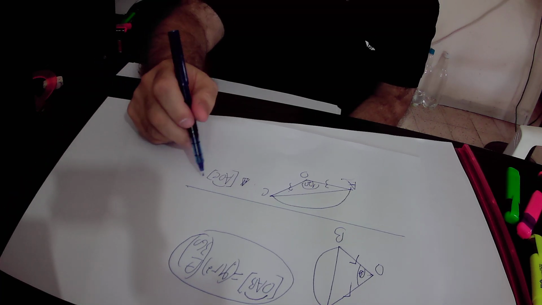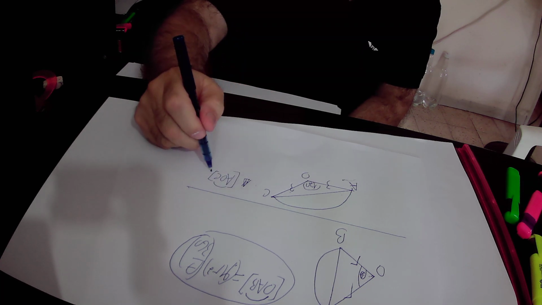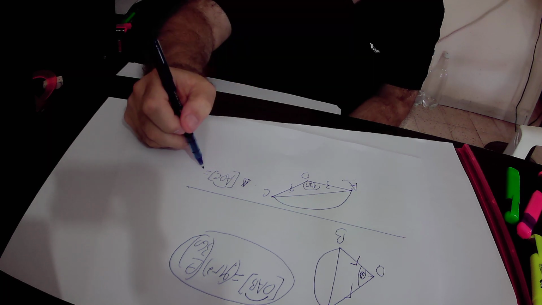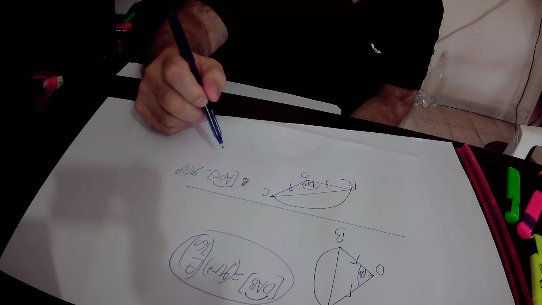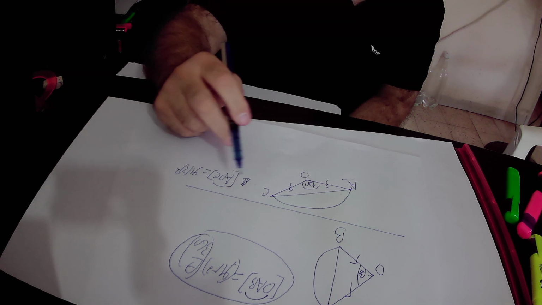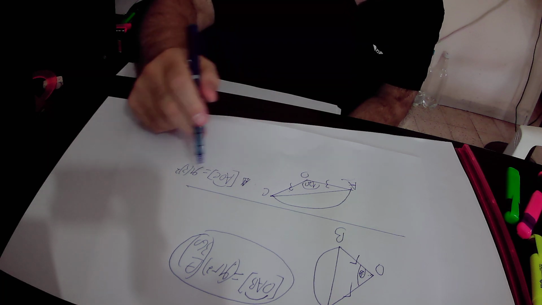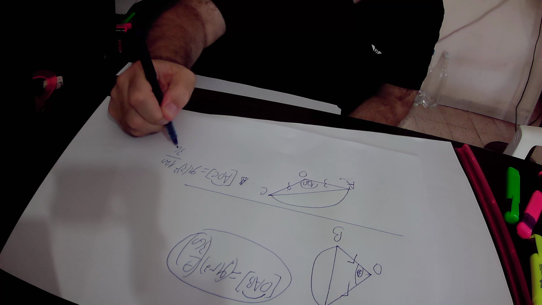The area of this sector, according to the new formula, will be equal to pi r squared, but r equals 3, so it is pi times 3 squared times theta over 360 degrees. Theta is the angle between the legs of the sector, that is equal to 120 degrees over 360 degrees.